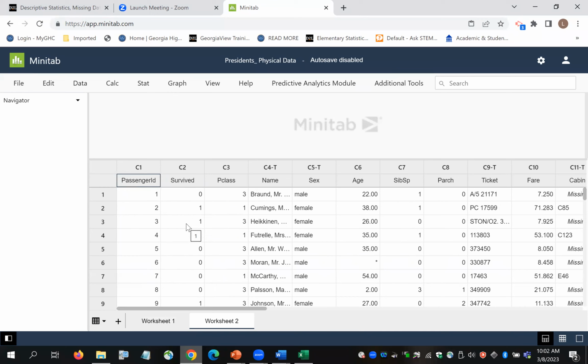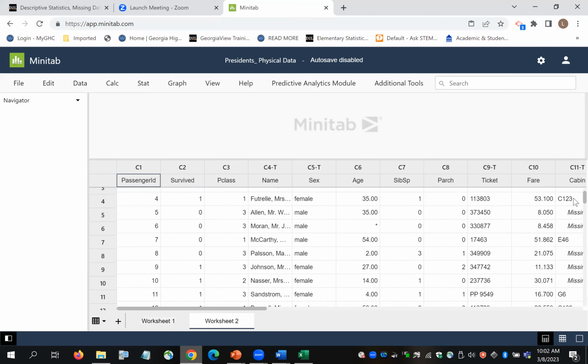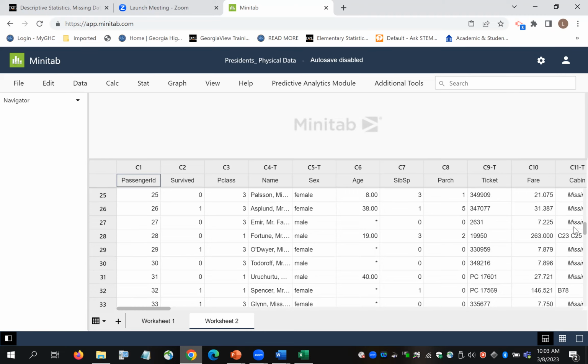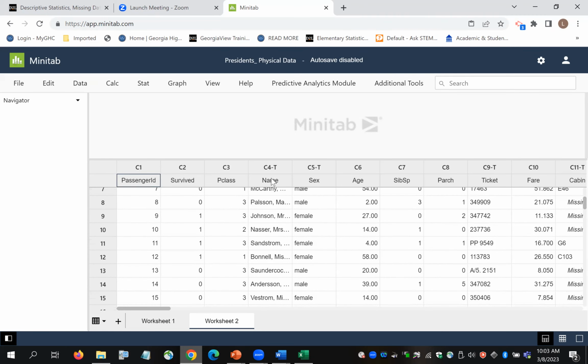So it's like a yes, no. P class would be, you know, what class were they as far as the ship? Were they on class 1, class 3? Because again, it looks like it may be a coding system. I see 1s, 2s, and 3s. Then you have the name of the passenger. You have the sex or the gender. You have the age. You have how many people they were traveling with. Were they siblings or spouses?